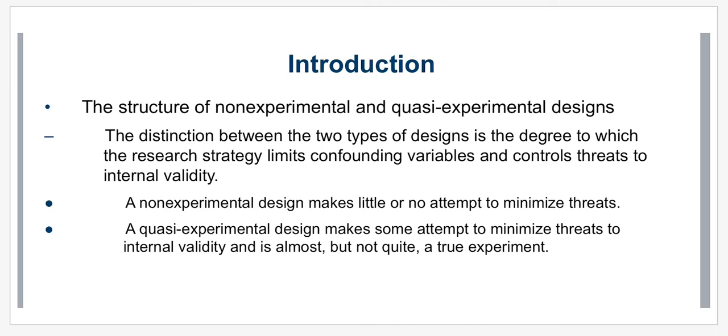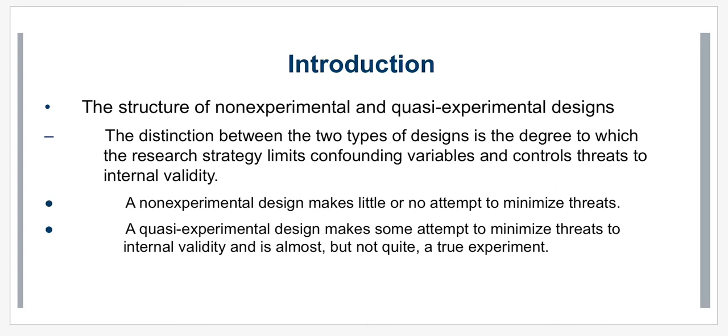But again, it's going to fail to satisfy at least one of the requirements of a true experiment, either because of the manipulation or the control or something like that. So even though they look like experiments, they usually are going to contain some sort of confounding variable or some other threat to internal validity that is an integral part of the design, so it cannot be removed.